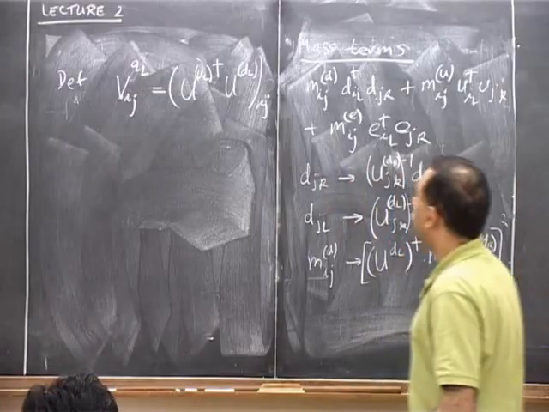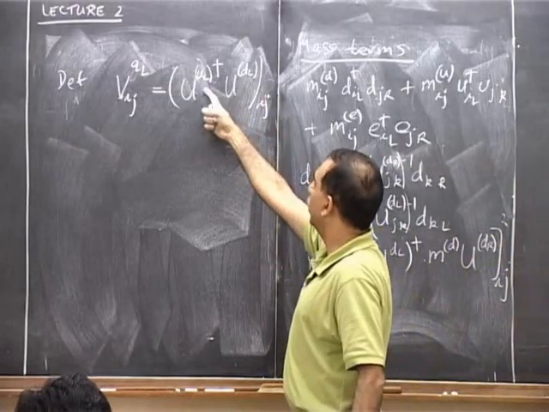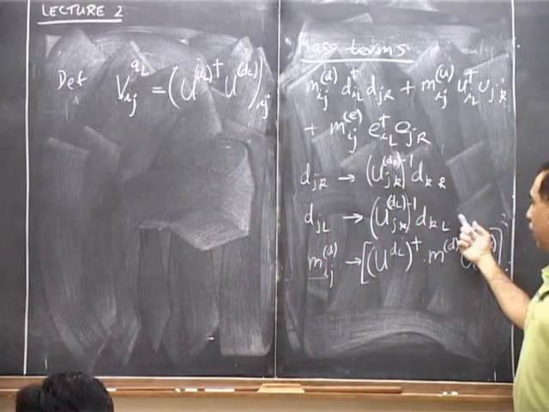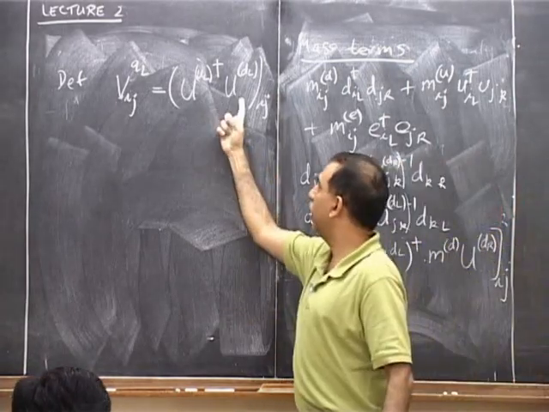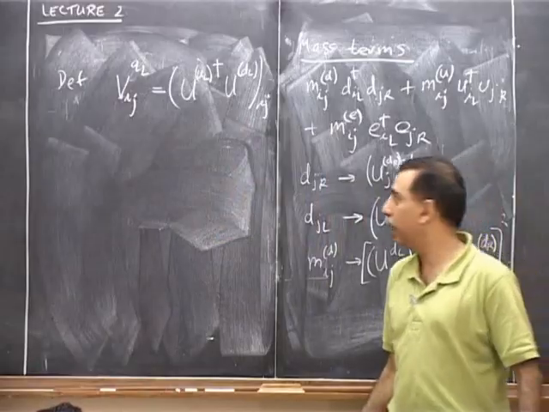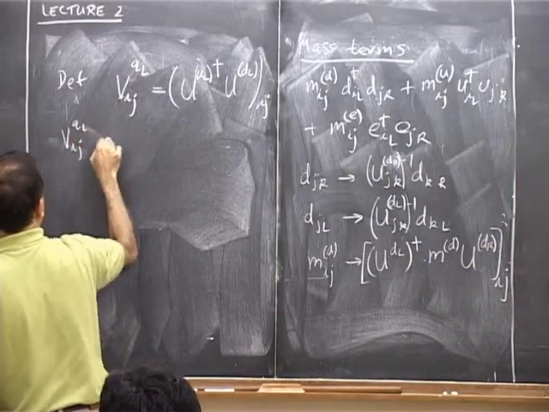Now you can see that if the same matrix could be used on the left up and down quarks, so that this biunitary transformation diagonalizes the mass matrix, then this U dagger U would be 1 and the matrix we have defined would be 1. So Vij is the true measure of mixing, if you like.